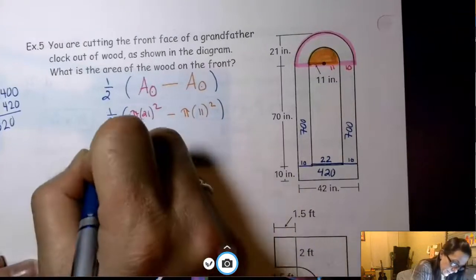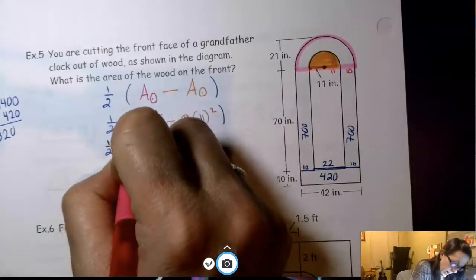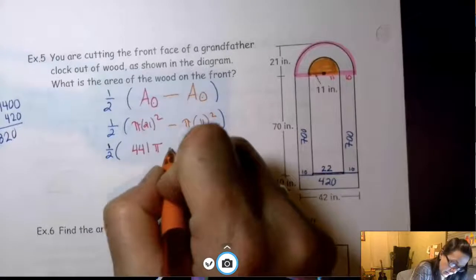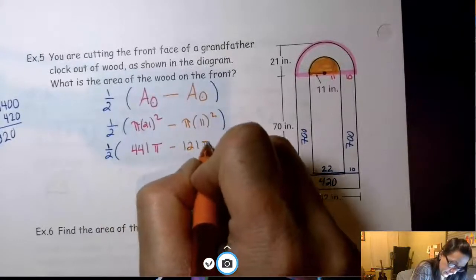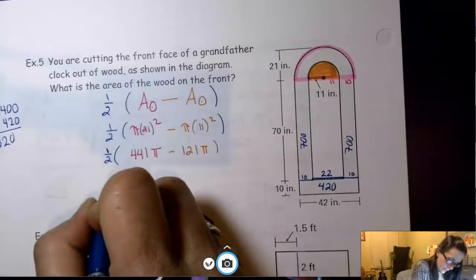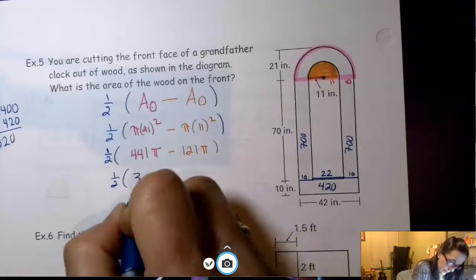So I have 1/2. 21 squared, I get 441 pi minus 121 pi. I end up with 1/2 of 320 pi.